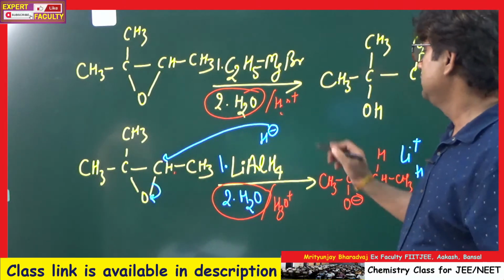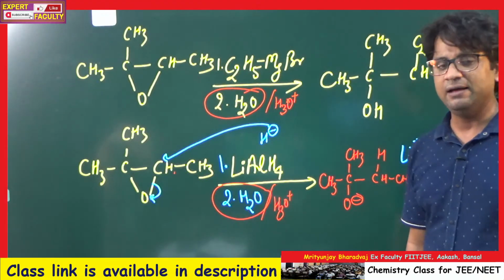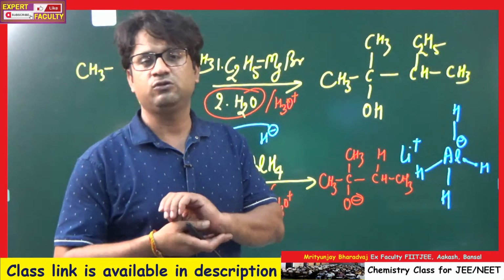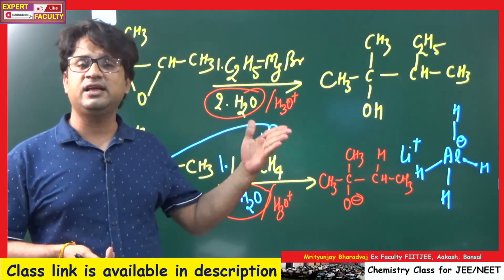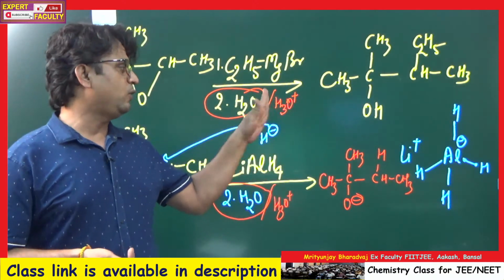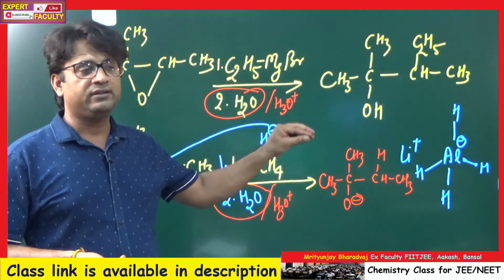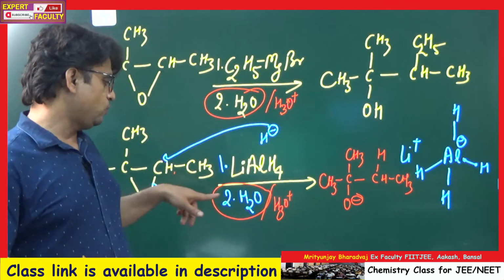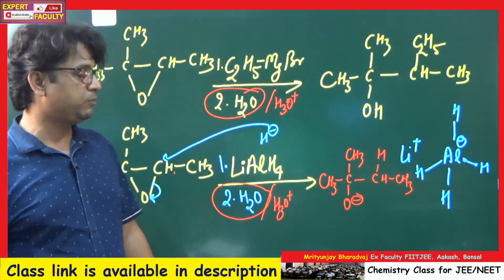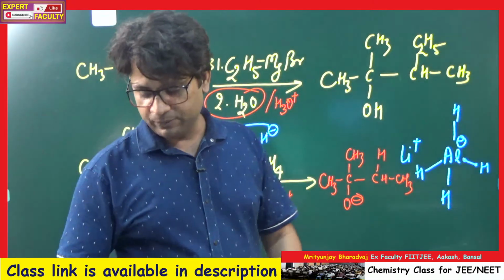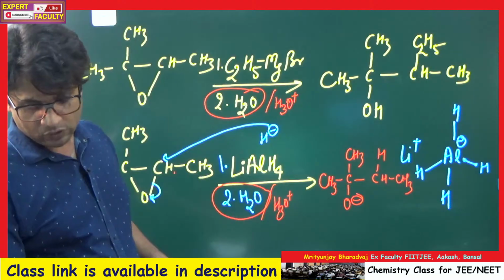If H3O plus and heating is there, there may be some reactions also, and we will have some example questions on those cases. If only H3O plus is there, we put a proton at the required site. So here this O minus will take a proton, and the H3O plus or water will provide that proton, and it becomes OH. Understood? Yes, sir. Okay.